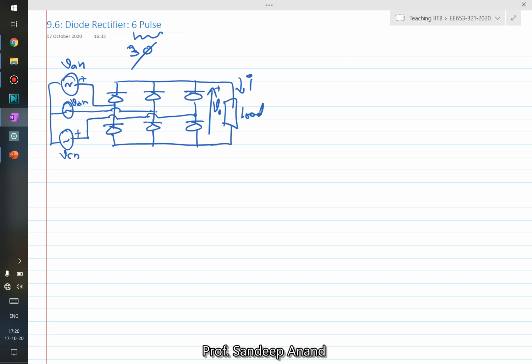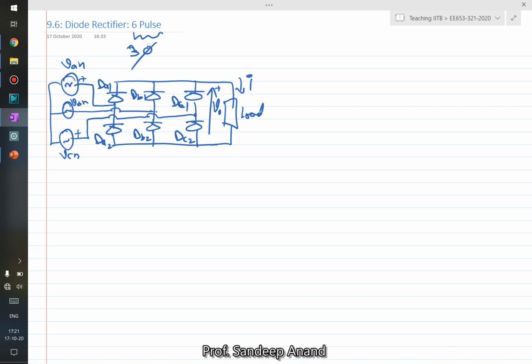You would see different literature naming them differently. Let me for simplicity call the diode connected to A phase as DA1 and DA2, similarly DB1 and DB2, and DC1 and DC2, right? This is your complete six pulse rectifier circuit.